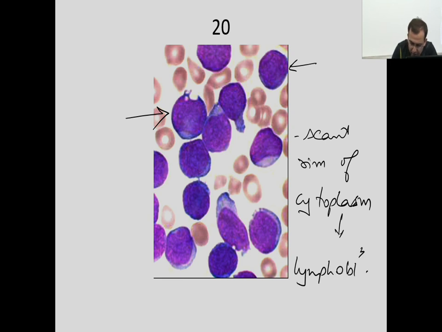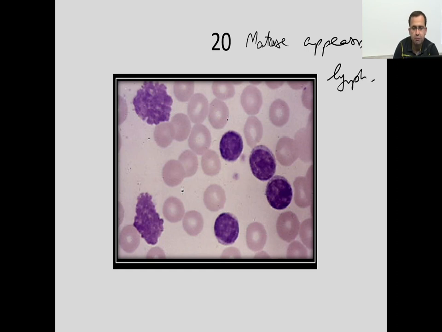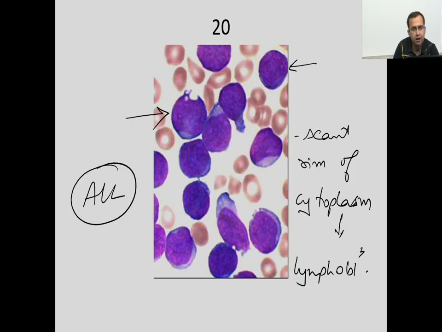They are the lymphoblasts seen in ALL, versus CLL, which showed mature appearing lymphocytes similar in size to an RBC. That was CLL. ALL.